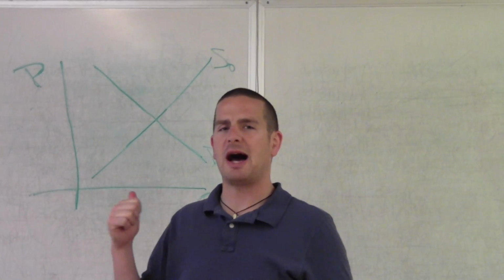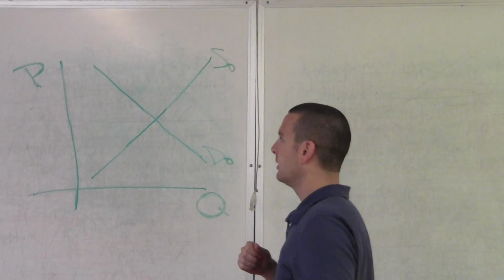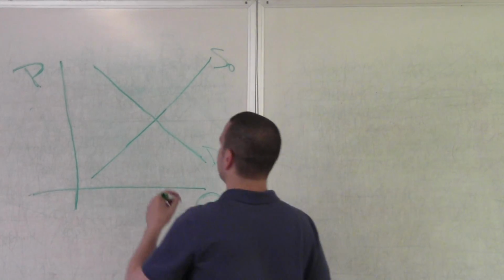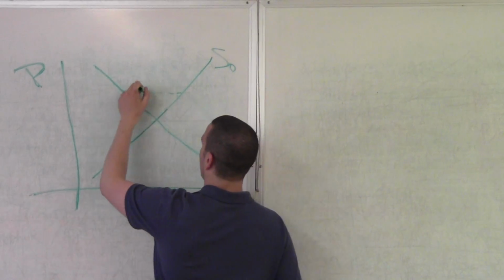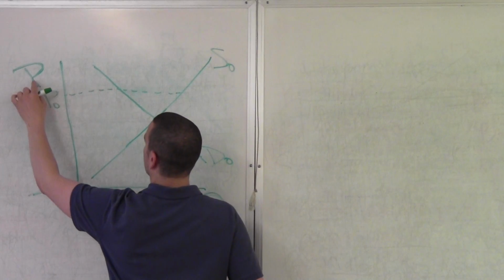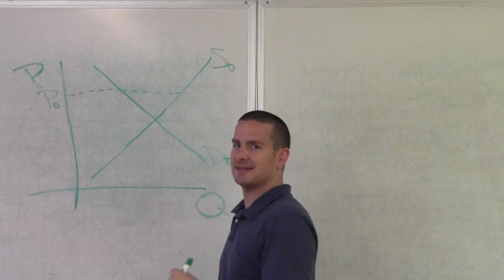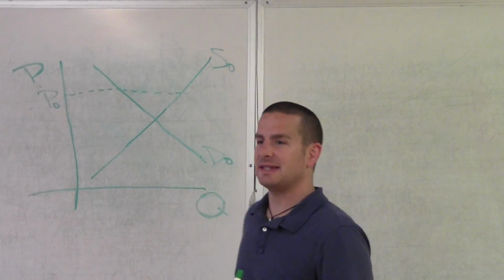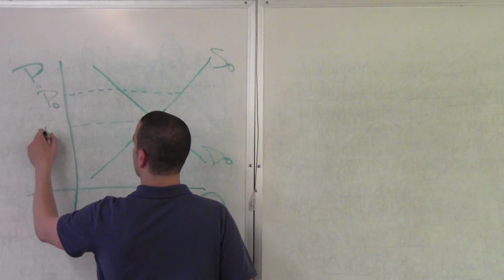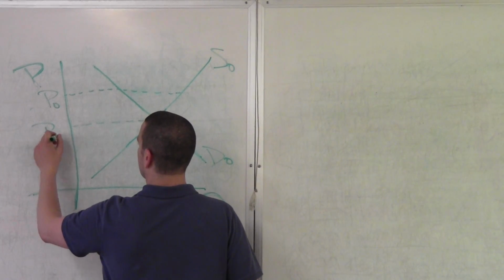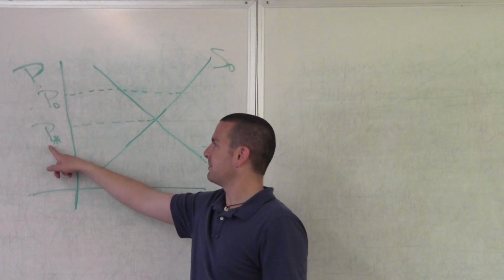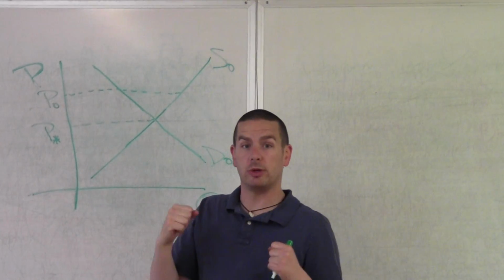If the price is too high for some reason, we don't have to say what it is now, but if the price is very high in the market, if the price is higher than the price needed to clear the market, right? This is P0 because this is what the price is, and this is a P with an asterisk because that's the equilibrium price.